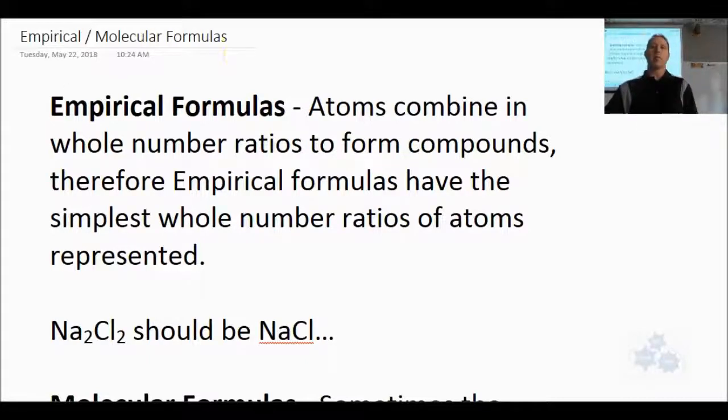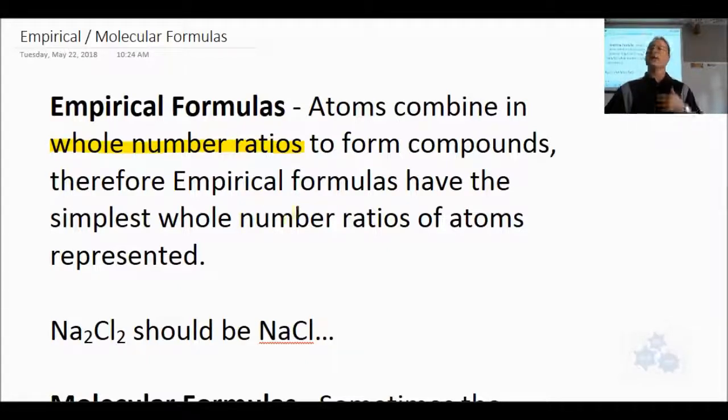An empirical formula, well, atoms combine in whole number ratios. So you should know this, that when we talk about atoms, you can't have a half or a third or a tenth of an atom combining with another third of an atom. They're whole atoms at least, right? The base minimum is whole number ratios.